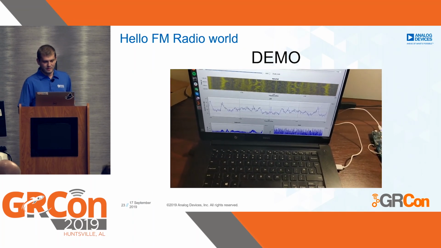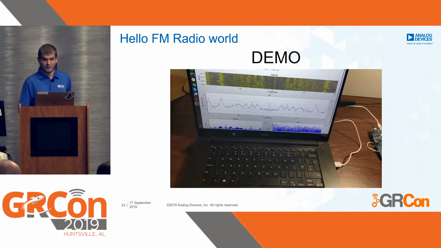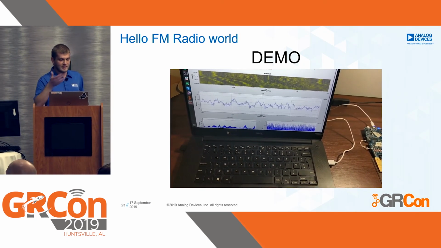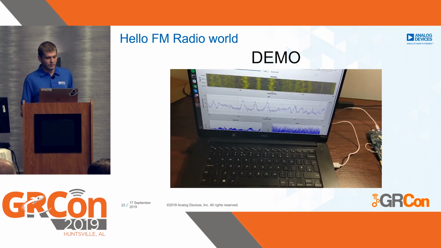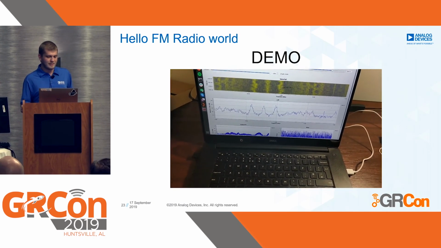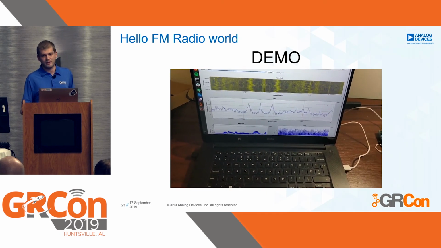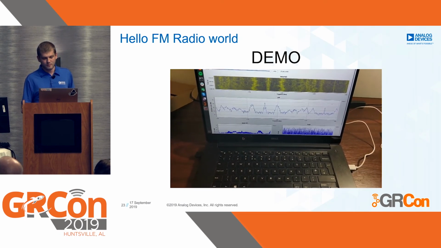So, we definitely have a demo at the booth. You can see that the FM signals are coming through. Then we tune the frequency, and now you could actually hear the radio that's coming in.